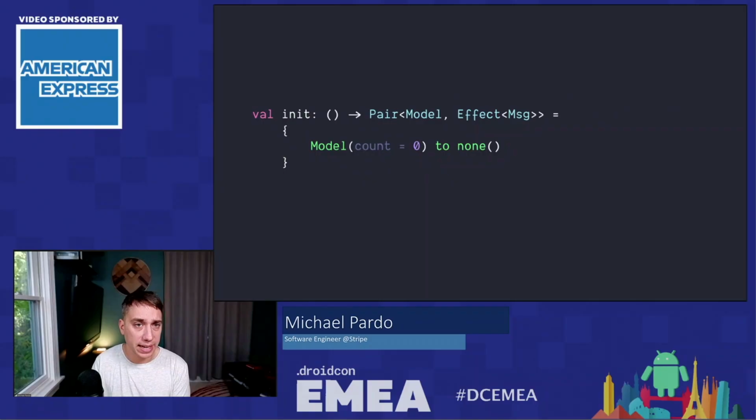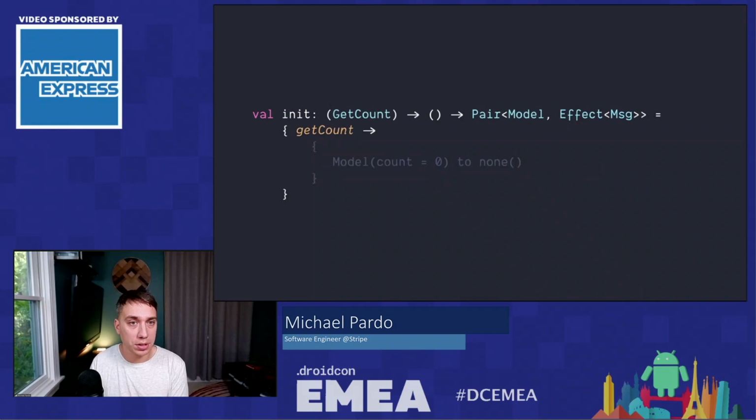So let's look again at the initialization function. When the counter is initialized, we'll want to load the persisted count and set it in the model, but we don't have an instance of getCount in this function currently. So we can turn this function into a factory, which injects an instance of getCount into the init function.